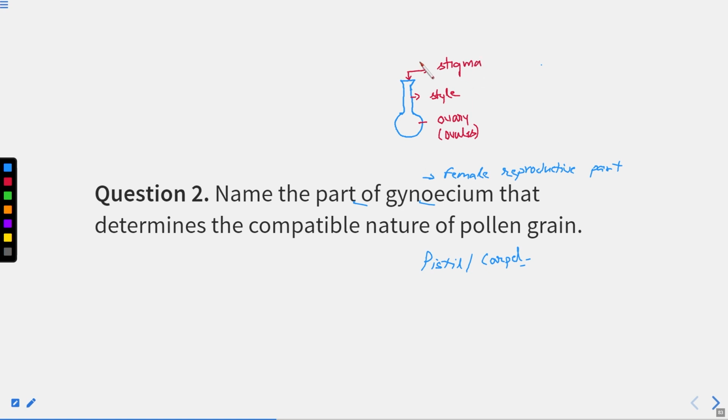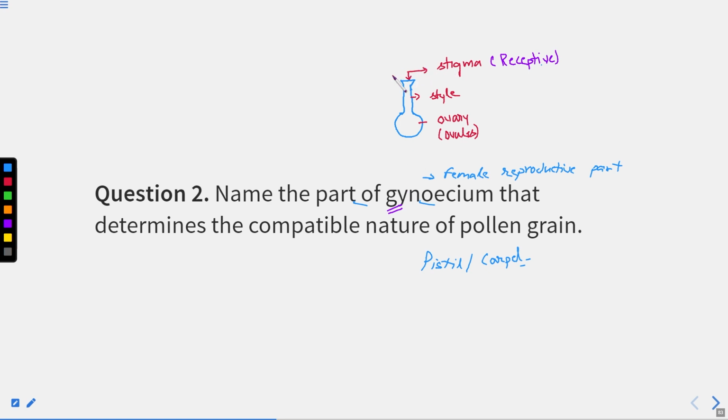Stigma is the receptive part. Why is it called the receptive part? Because it receives the pollen grain. And here, the compatibility or the incompatibility of the pollen grain depends. So this is the receptive part and it receives the pollen. Now coming back to the question again, you have to name the part of the gynoecium.